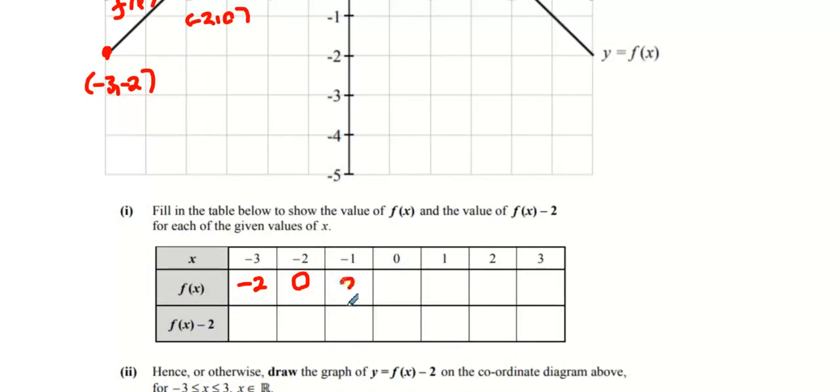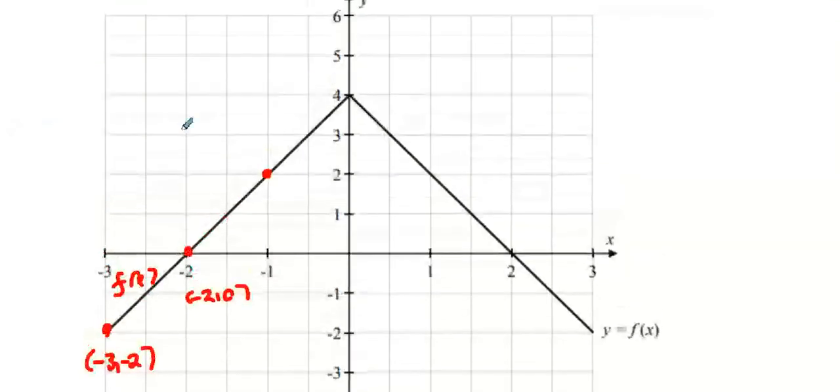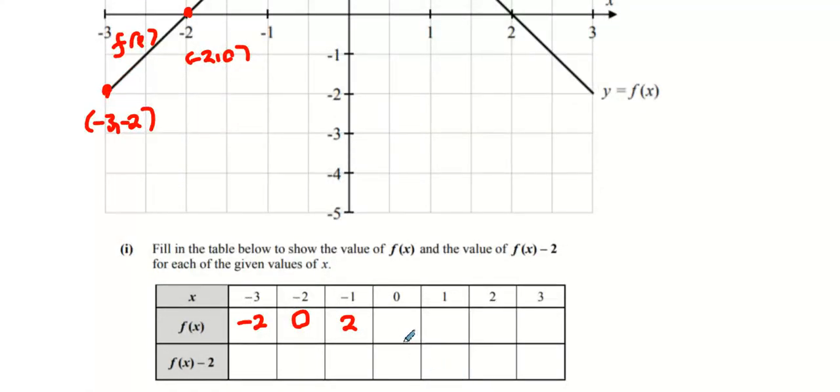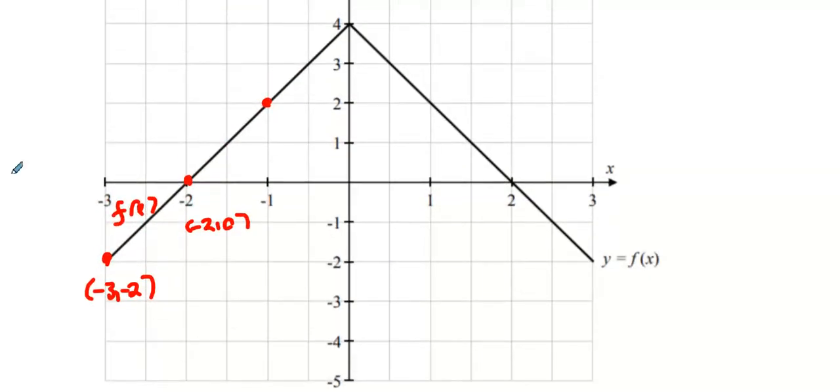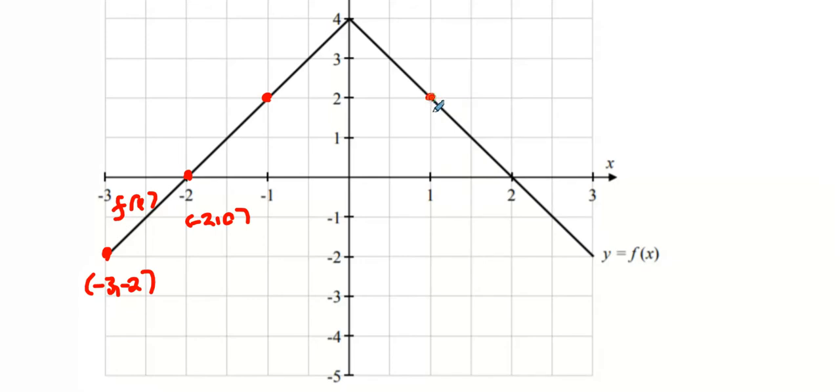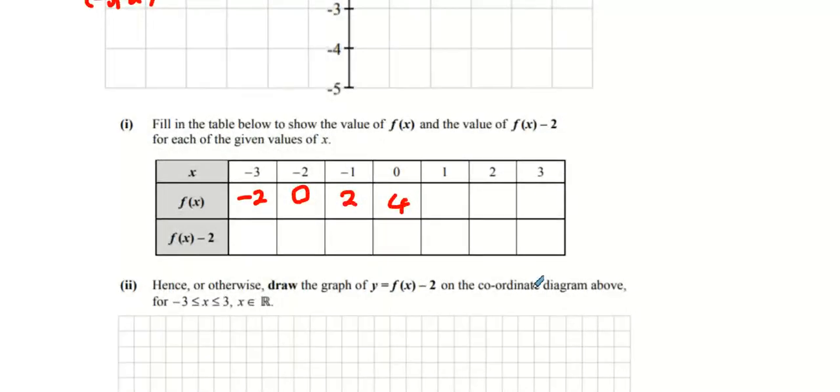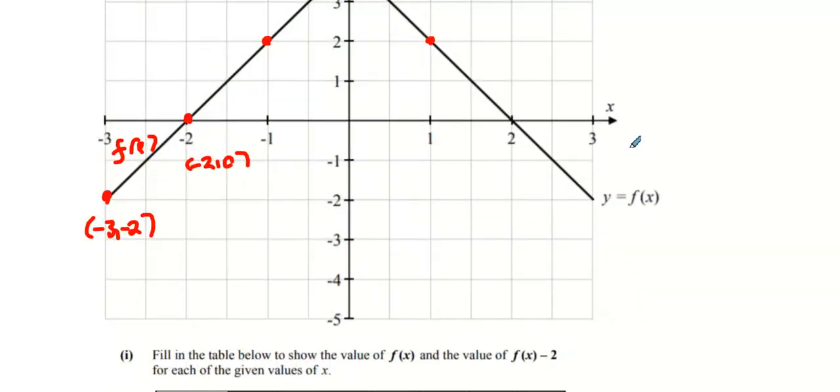Minus 1, 2, and then 0 and 4. So 0 results in an answer of 4. And then 1 is an answer of 2, which we can see here. 1, 2. Then we get 2, 0. And then we get 3, minus 2.